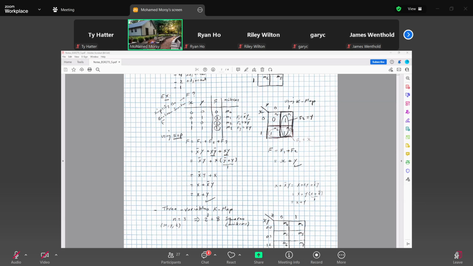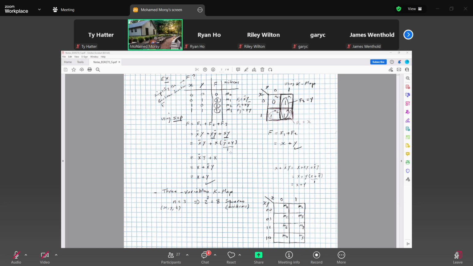We look at where F equals 1 and then we determine the product terms. As we mentioned, if the variable is 0, we take this variable inverted. If the variable is 1, we take it as it is. So we got M1, M2, M3, so F equals F1 plus F2 plus F3.